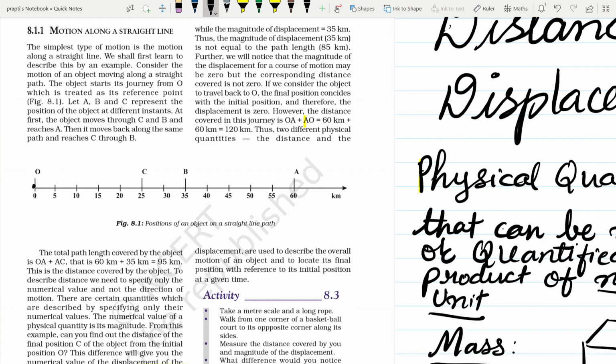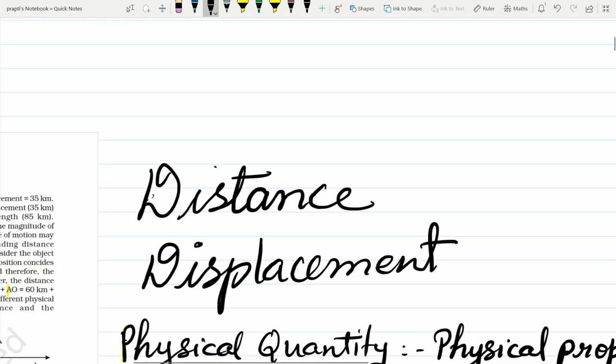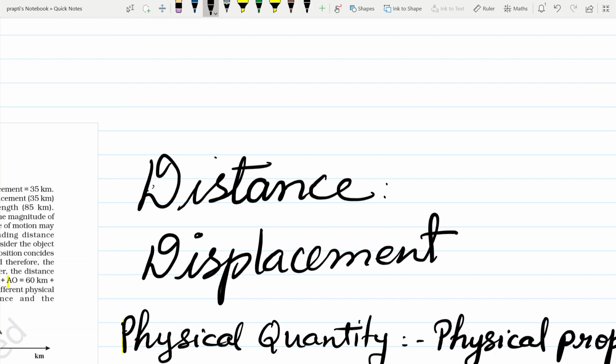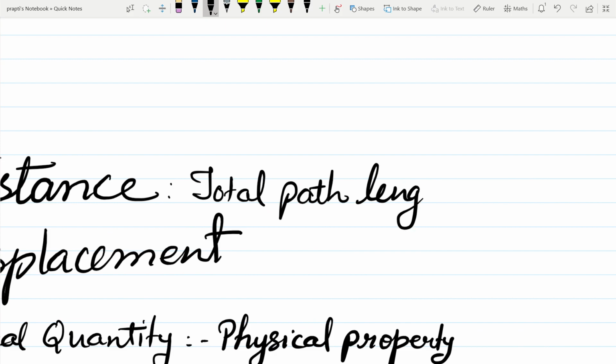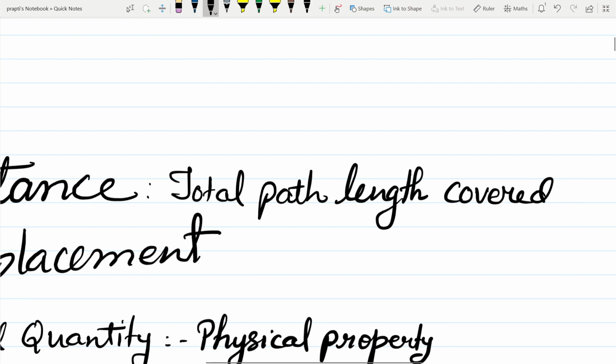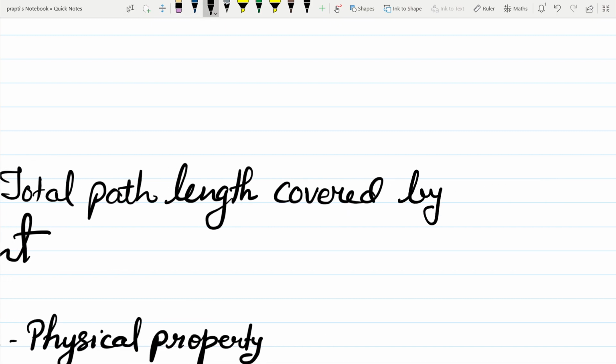Now, if we talk about distance, we know that it is a scalar quantity and requires only magnitude, or you can define distance as the total path length covered by any object.